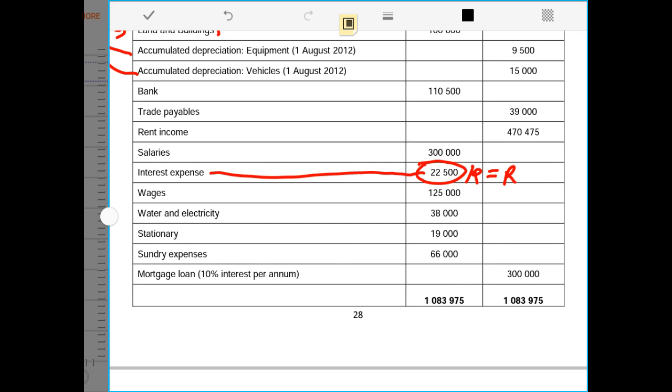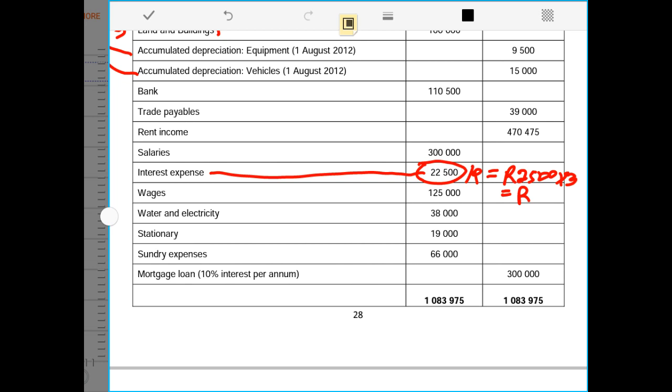And if we say 22,500 divided by 9, that will give us an amount of 2,500 rands, and we times that by 3, it will give us the amount of the interest that is accrued.